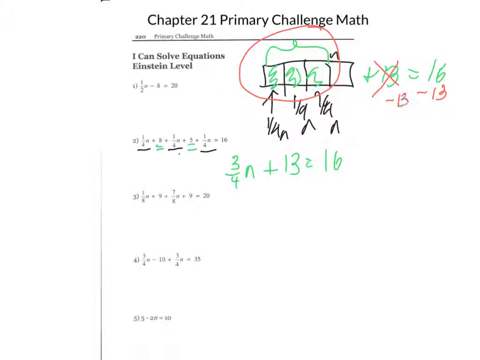I want to know just what the 3/4 n is. And that tells me that 3/4 of n is equal to 16 minus 13, which is 3. So these three are equal to 3. That would mean each fourth is 1. The last fourth is 1, so altogether n has 4 in it.